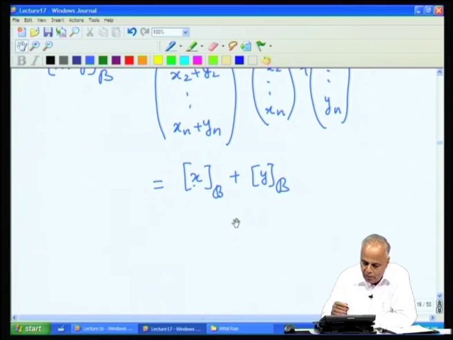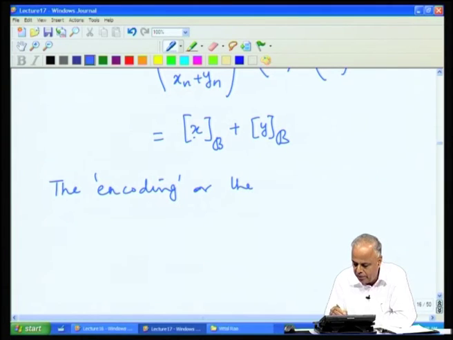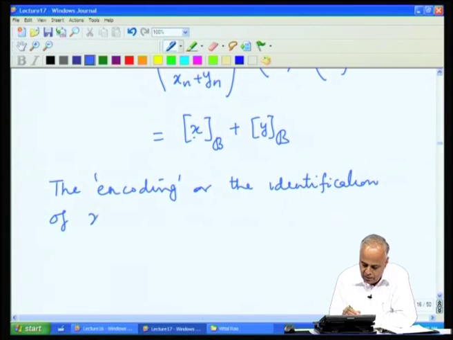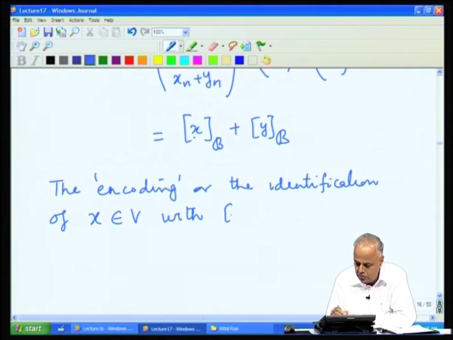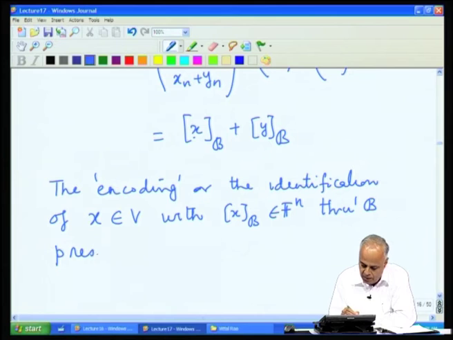So, we have therefore that the encoding or digitization or the identification of x in V with xb in Fn through the ordered basis B preserves addition.